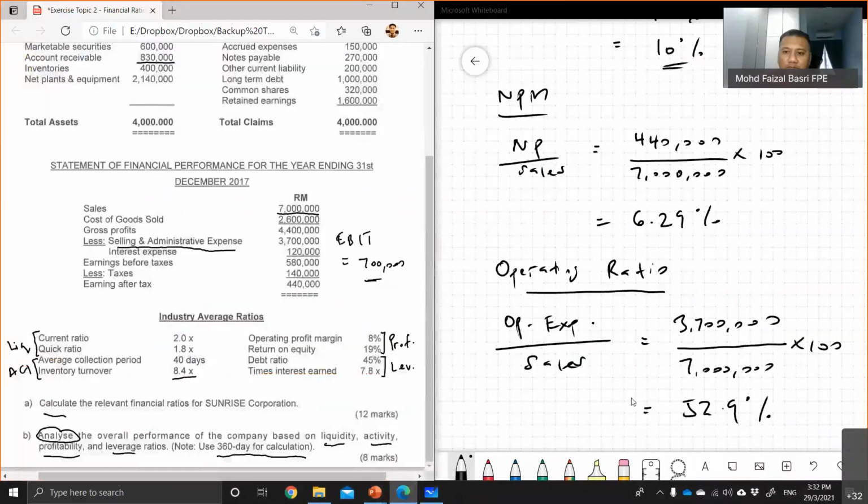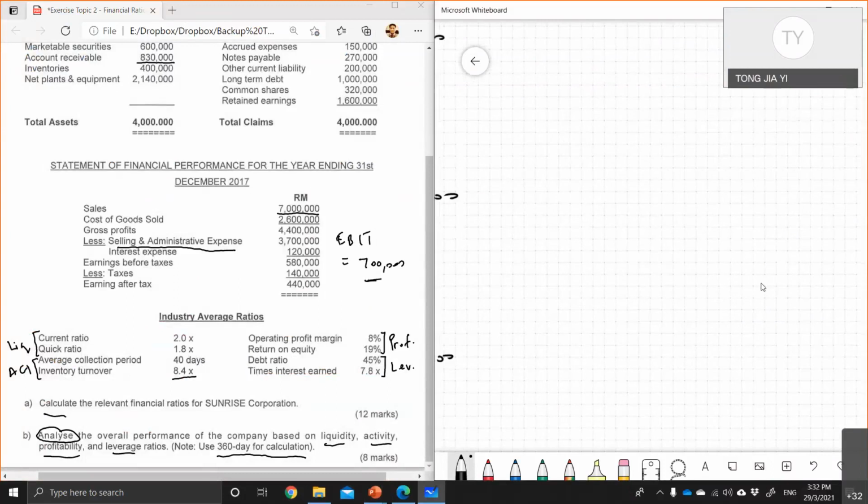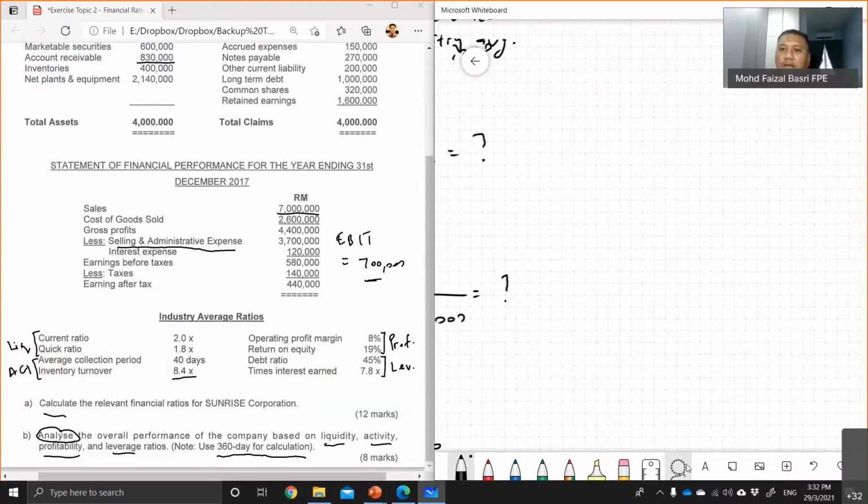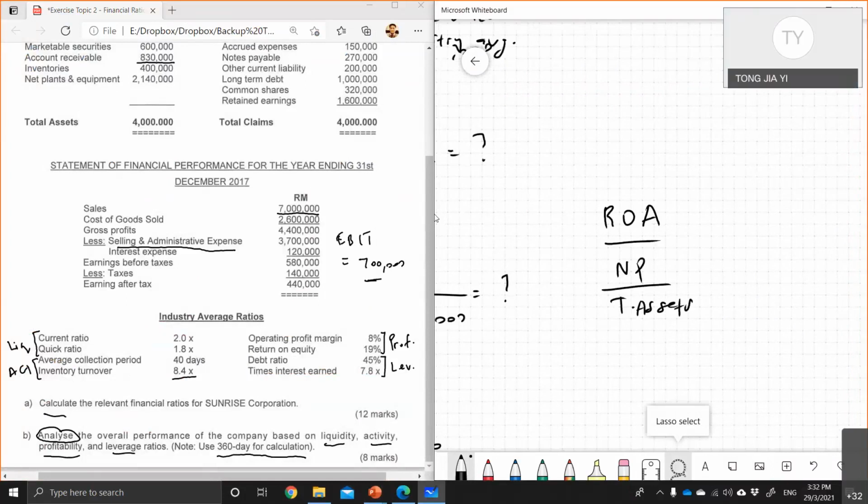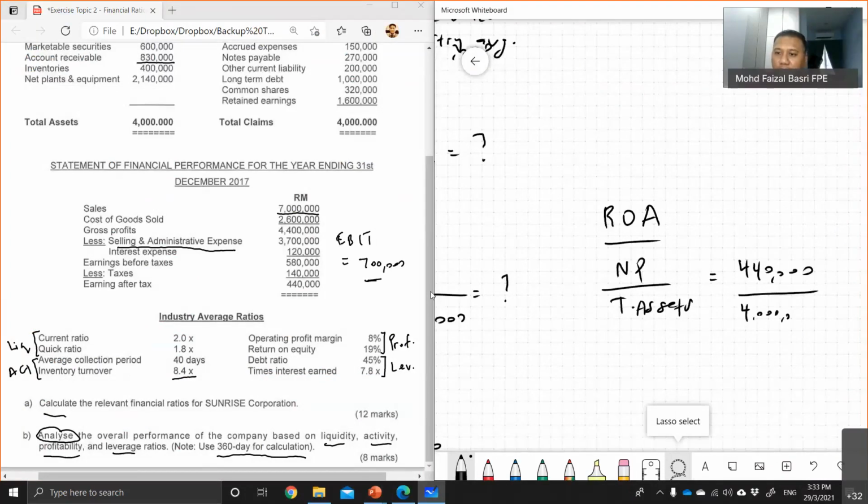So if we go back to this question, let's see, we have ROA, return on assets. The formula would be net profit divided by total assets. The net profit is 440,000 and the total assets are 4 million, times 100 as well.